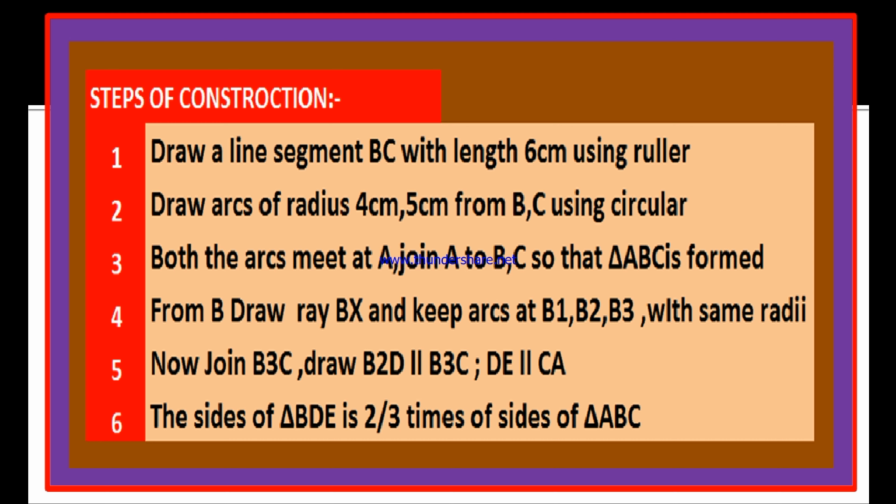From B, draw a ray BX and mark arcs B1, B2 and B3 with same radii. Now join B3C and draw B2D parallel to B3C and DE parallel to CA. The sides of the triangle BDE are 2/3 times the sides of the triangle ABC. Now another construction.